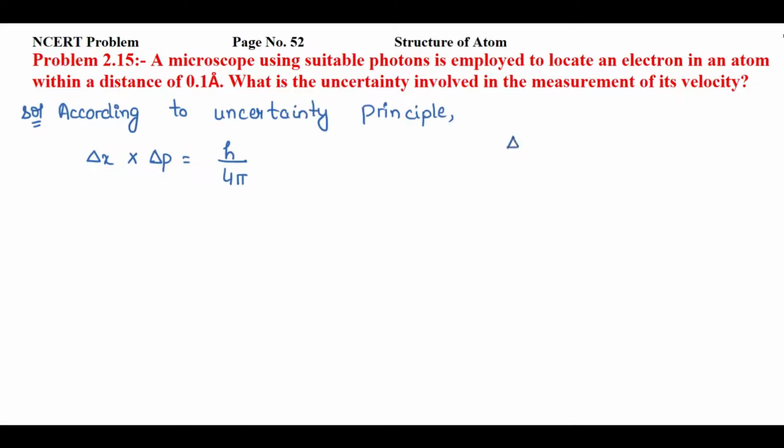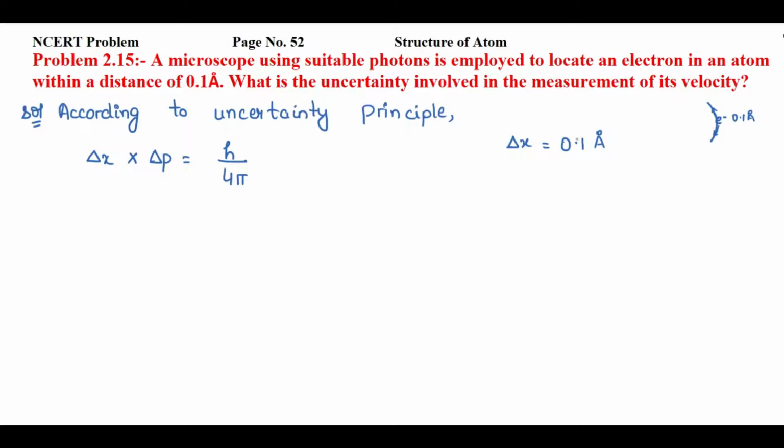Now this delta x is uncertainty in distance, 0.1 angstrom. What does it mean? It means if I am locating the electron over here, it can be present forward or backward within the uncertainty of 0.1 angstrom.